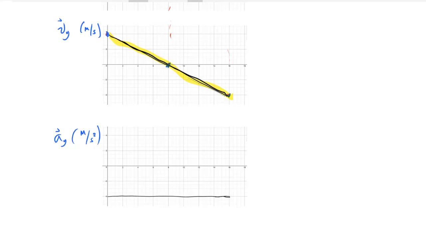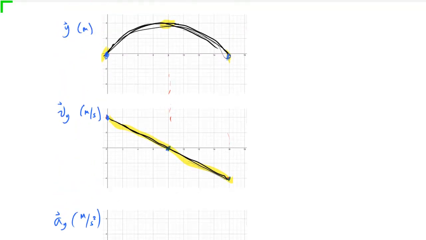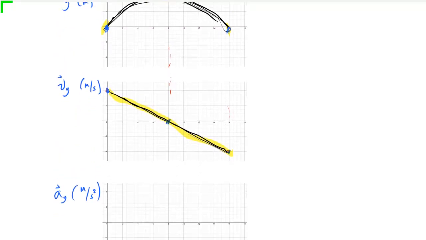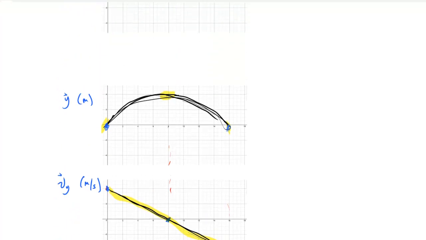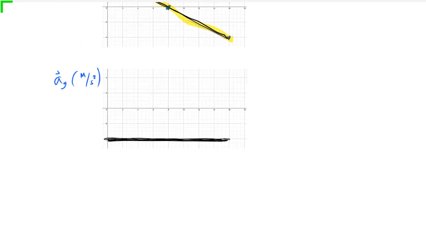The acceleration for a ball thrown upwards is actually going to be downwards, gravity, so this will be negative 9.8 meters per second squared, but we'll discuss this in future videos. So here are the position versus time, velocity versus time, and acceleration versus time plots for a ball being thrown up in the air, and just in general plots.